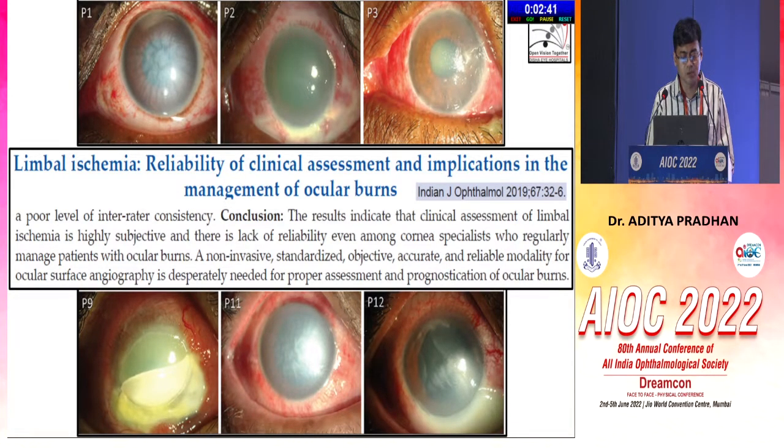They found there was a wide disagreement between the specialists and the general ophthalmologists, because photography is highly subjective. What I may feel is severe ischemia, somebody may say is grade 2 or grade 3.